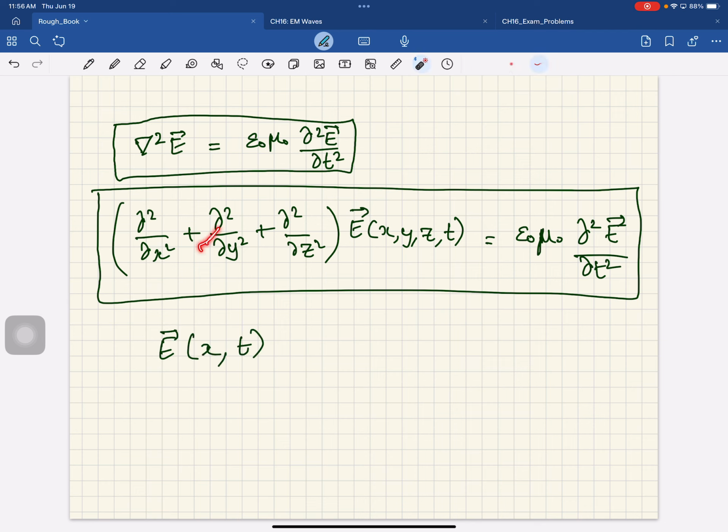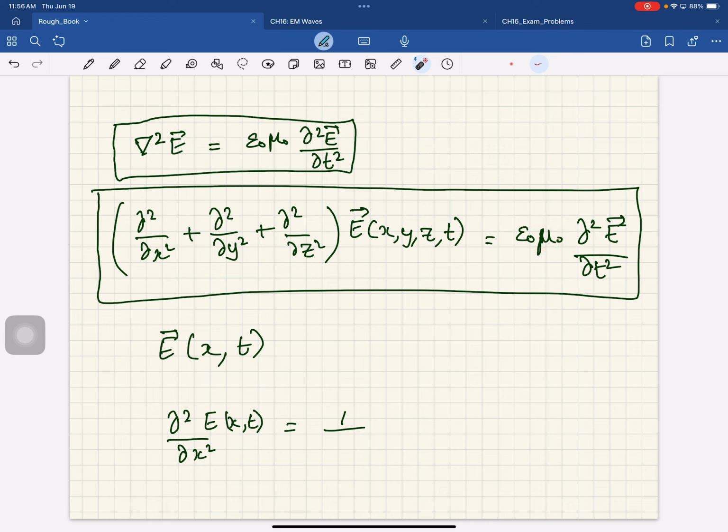So this term will drop out, this term will drop out. So del square by del x square E of x, t, and now I've dropped the vector sign. And remember, this was the speed of light.